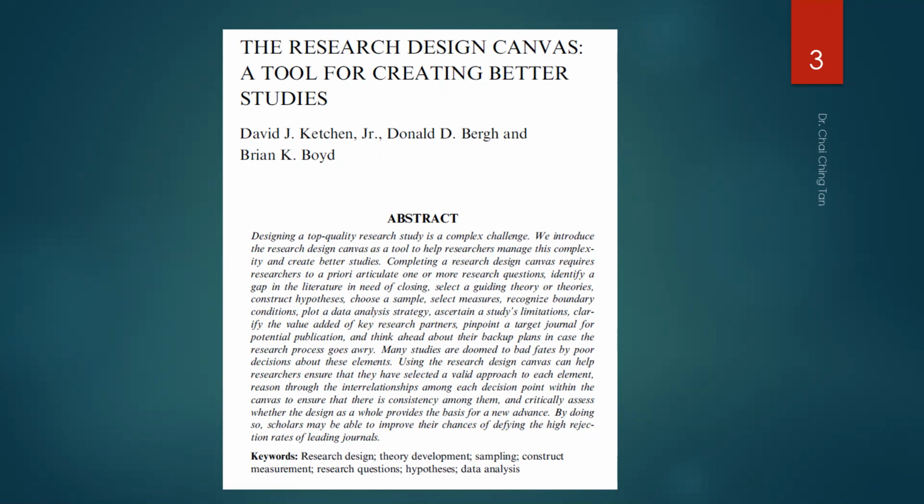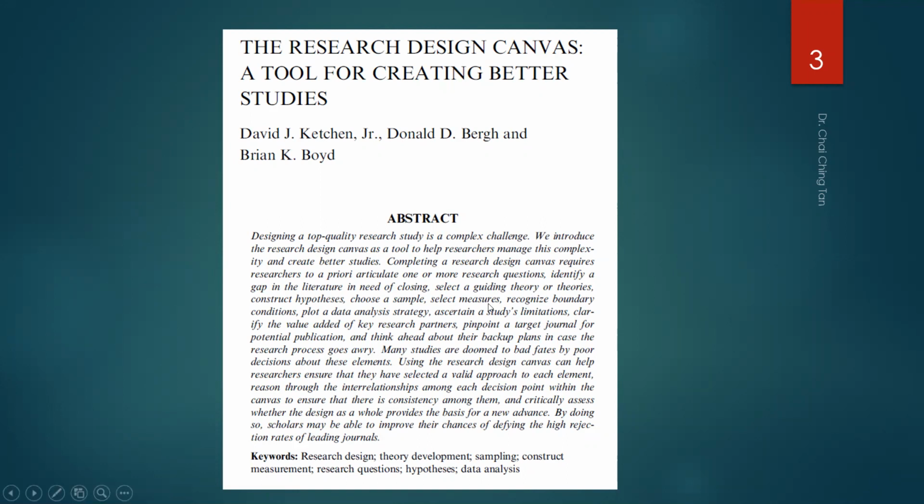Oh, interesting. We all are into research, and we know that it's very difficult sometimes, especially for the students and some of the novices. And so, oh, interesting, maybe I should look into the detail, right? So they are introducing something. They give a very quick background, and "we introduce the research design canvas as a tool."